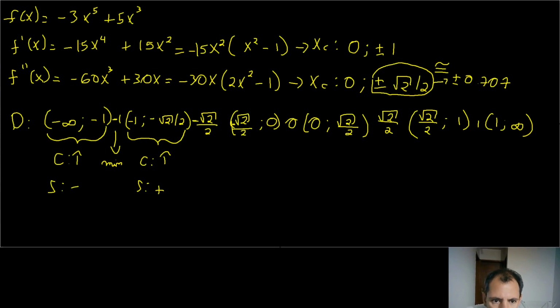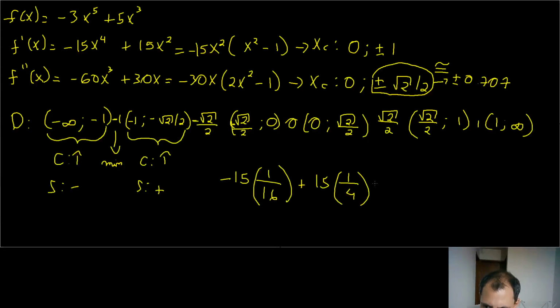Minus half in the first derivative is going to be minus 15 times minus half to the fourth, so it's going to be 1 over 16, plus 15 times 1 over 4. So you got minus 15 over 16 plus 15 over 4.